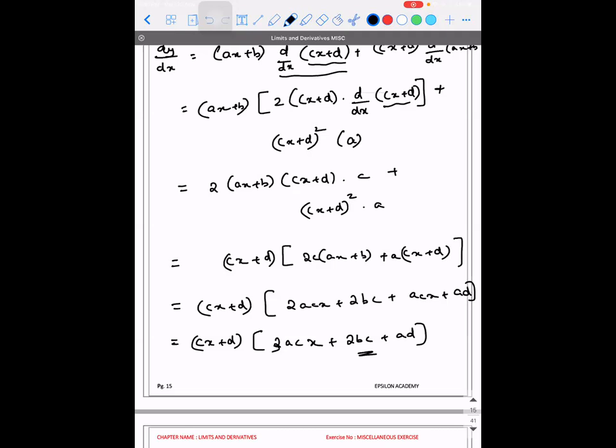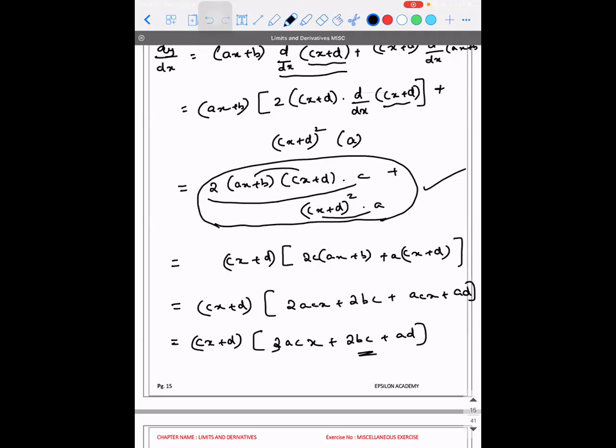The answer you've given is in a different format. You've given it as 2c into ax plus b into cx plus d plus a into cx plus d the whole square. So this is what they have given. They have stopped with this. You can stop with this, but it's fine, you can write it in any of the ways.